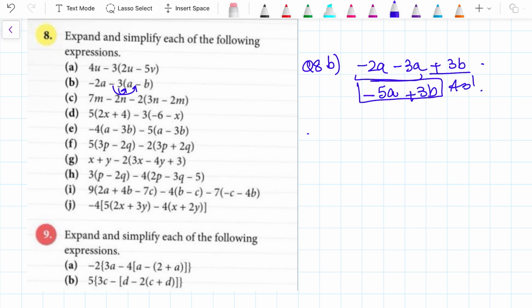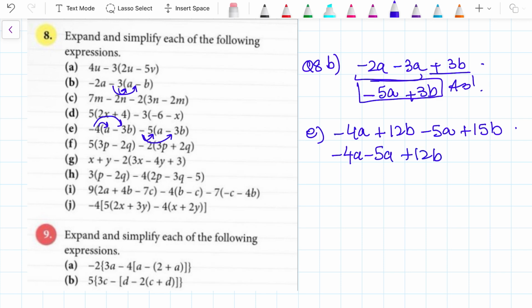Question 8e: minus 4a, minus minus is a plus 12b, minus 5a, minus minus is a plus 15b. Like terms together: minus 9a plus 27b.